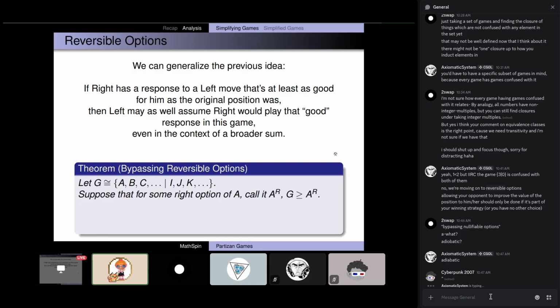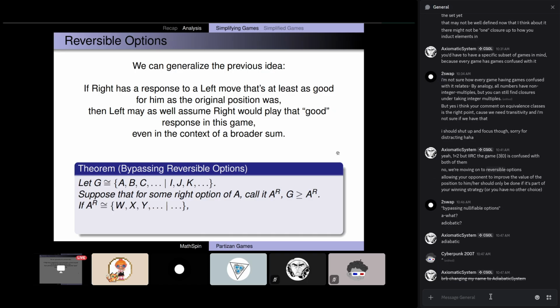So that's a good response to left moving to A. Well, if AR has a bunch of left options, the example we showed before just had one, but it could have many left options, like W, X, and Y, etc., then we can replace the A with those two moves down the line, all of those W, X, and Y, etc., and get this game G prime, and then G equals G prime.